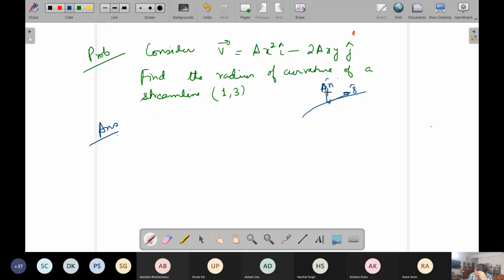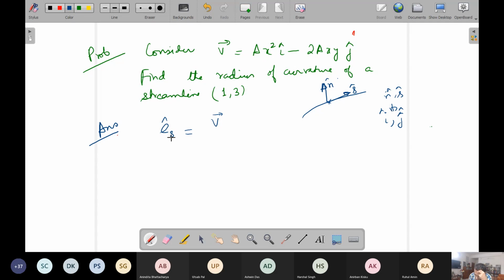How do you know what is the unit vector along the streamline? The challenge here is that from the NS system, we have to map it to the IJ system, the Cartesian system, and that is what we are trying to do.